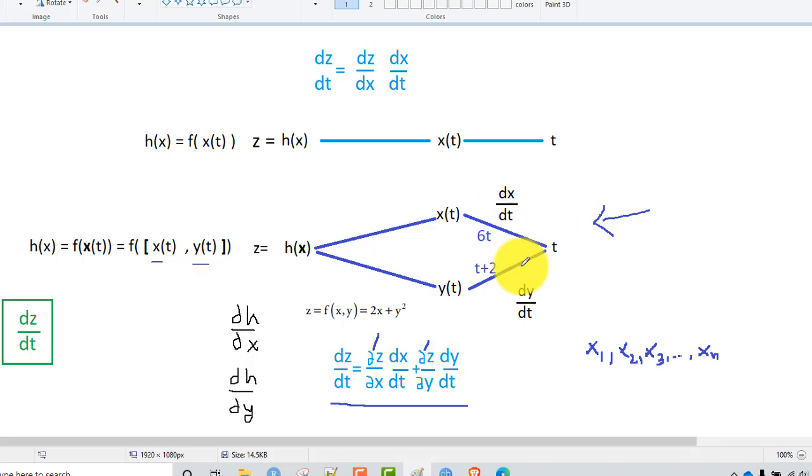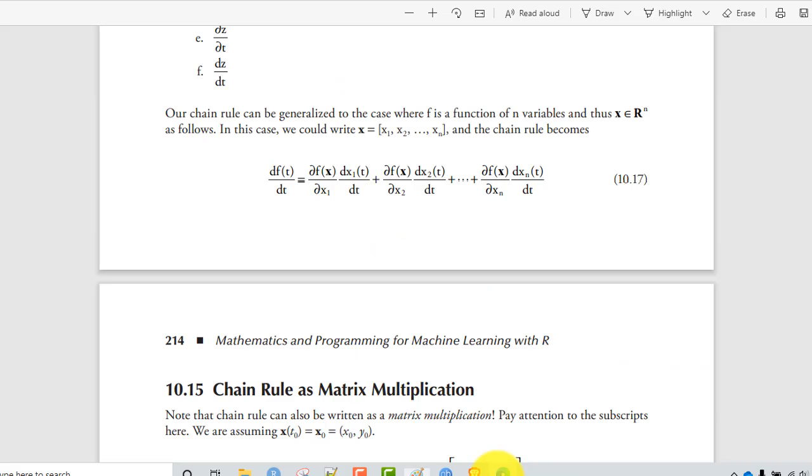Again, let's check to see where we have the curly d, or the soft d, versus the hard d, or the full derivative. So where does that occur? Here we have the soft d, the partial. Here we have the partial, here we have the partial, but here we have the full derivative, here we have the full derivative. So is that right?